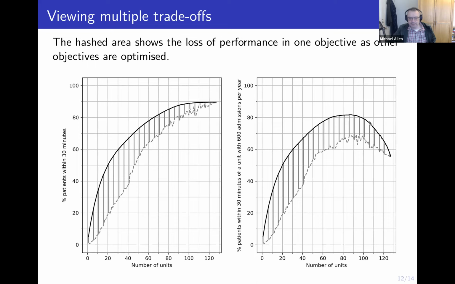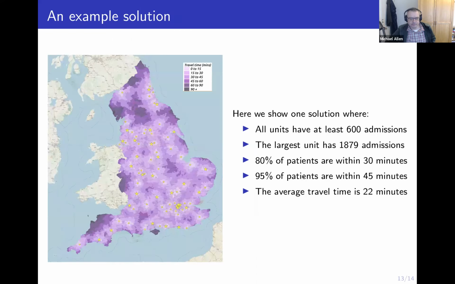Similarly here, the top line represents the proportion of patients within 30 minutes of 600 admissions per year, if that really is our most important thing. But what might that drop to if we considered other things as important? And then we can show some example solutions, and we're always keen to say these are example solutions.